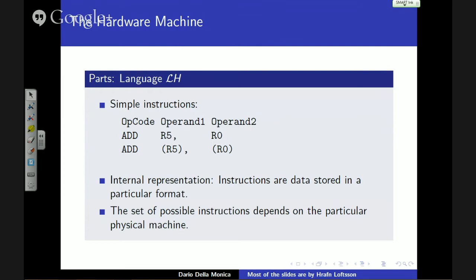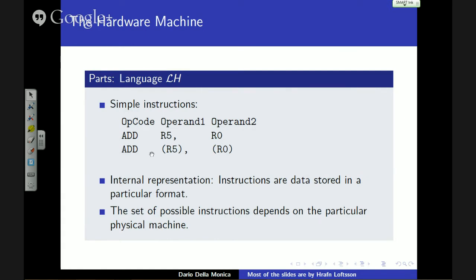Then the language, the machine language, provides you constructs that must be translated by the interpreter. In the case of the hardware machine, the language is very simple. Very simple means very low level, and instructions are things like this one: Add R1, R0, that means to add the content of the register R1 to the content of the register R0.